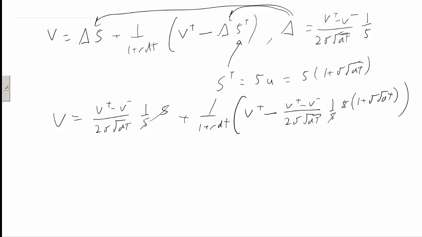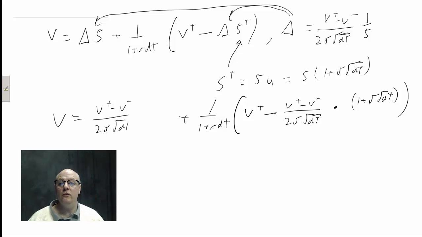Again, nice, those S's cancel out. So now what do we got after these S's cancel out? Since they're canceled out, I'm just going to erase them. Gone. These are multiplied. This whole equation for the value of the option is now only a function of sigma.